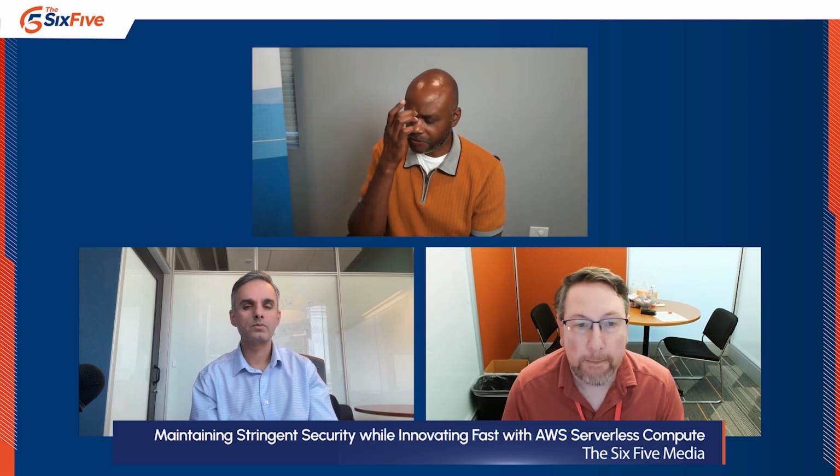So Usman, this goes back to a previous question that I asked you around one of the biggest challenges with serverless security, and you said keeping up with the speed of innovation. As I hear the things that Spencer is talking about from a developer perspective, I'm getting excited. Like, oh, I don't have to choose which hardened OS image to use.